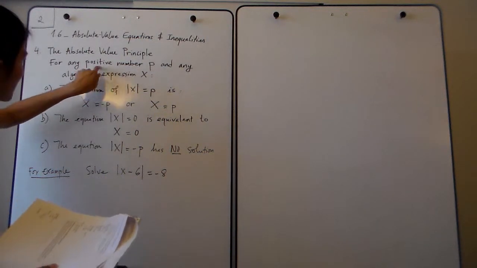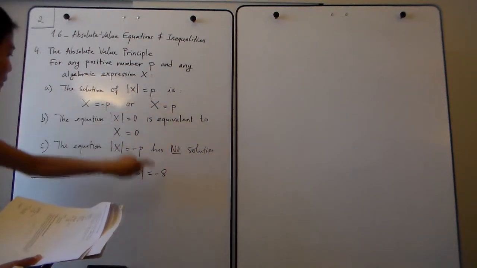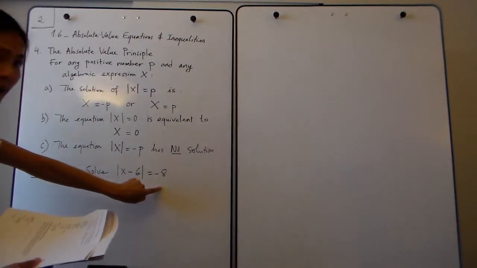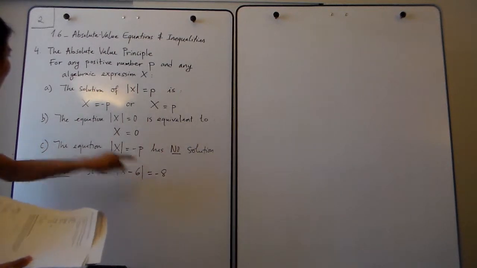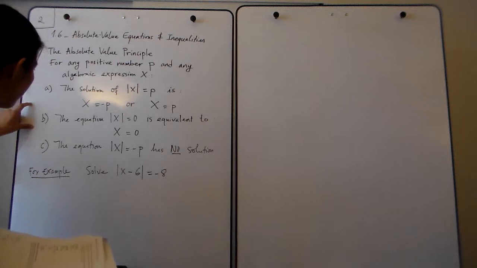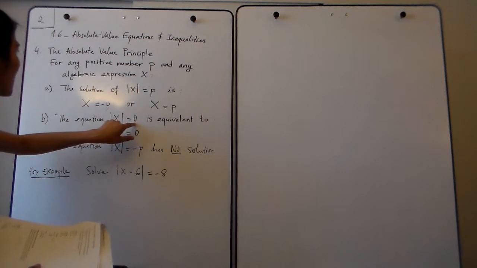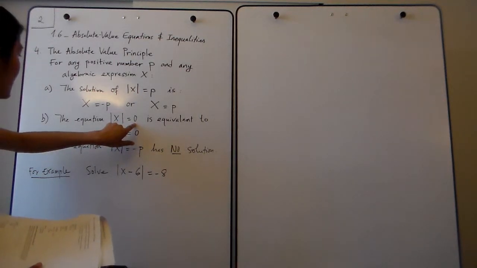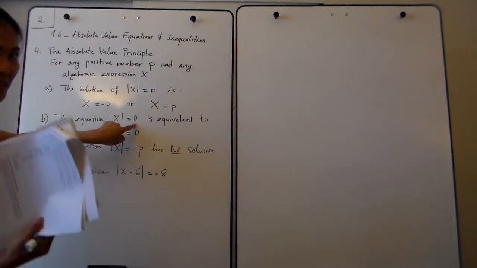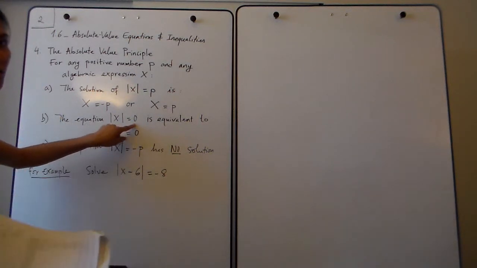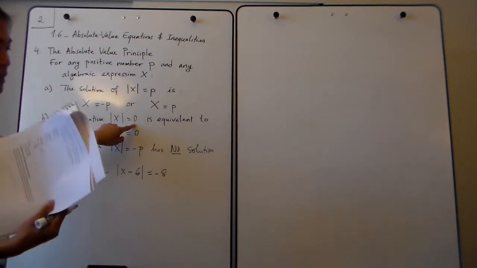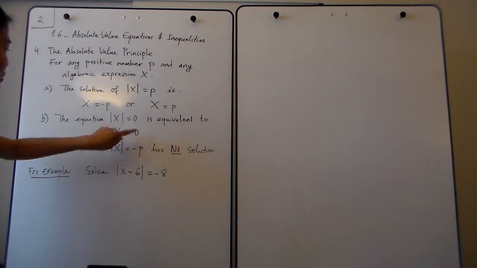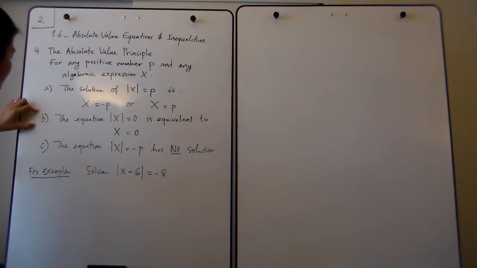So p right here is positive. We have negative, so we cannot use the first principle. Second one, we have the p right here. This is not p. P positive means greater than 0. So we cannot use the second principle.